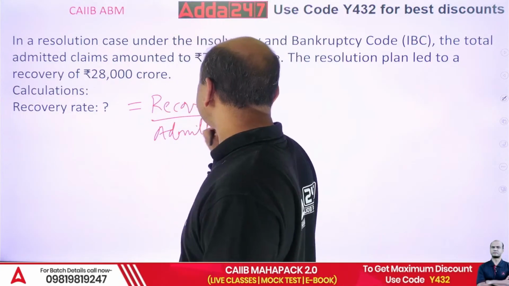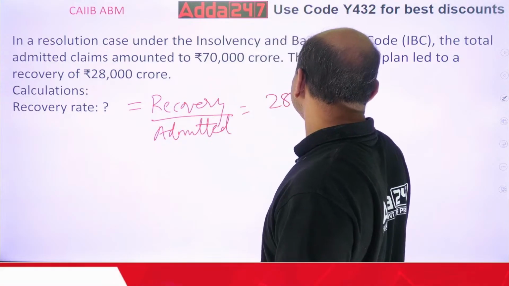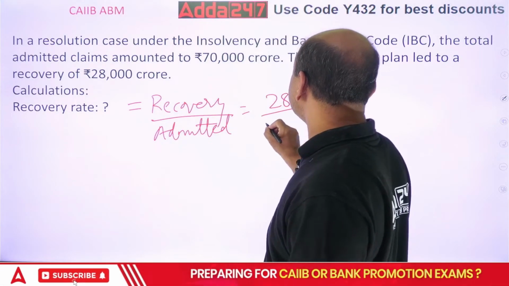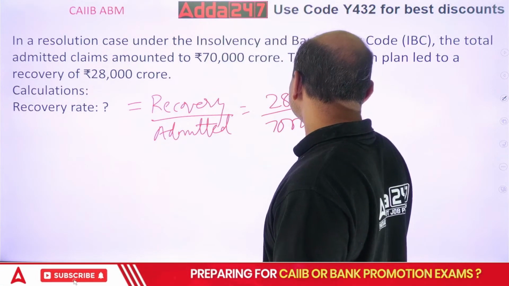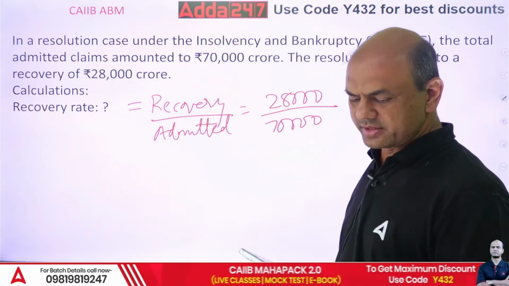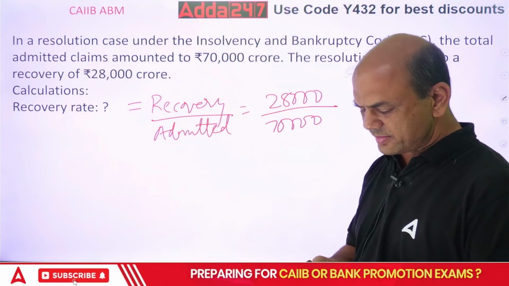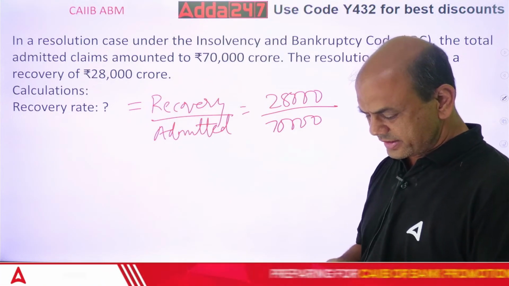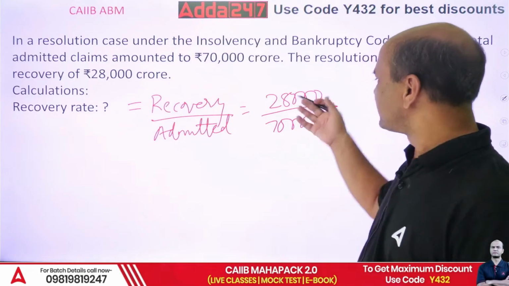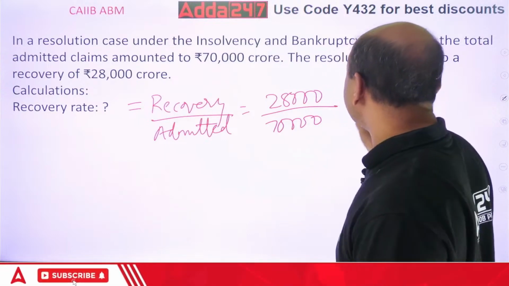So that is simple, isn't it? So 28,000 divided by 70,000. Do it, everyone. 28,000, so 28 divided by 70. Forget this 1000. Everything will get cancelled. Crores also gets cancelled. So 28 upon 70.